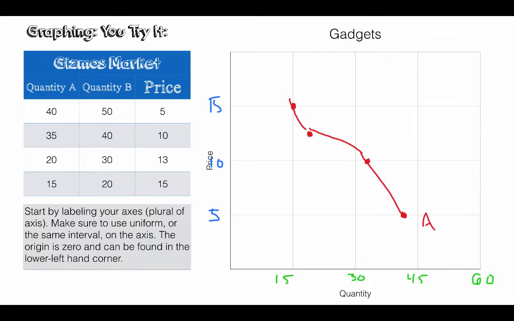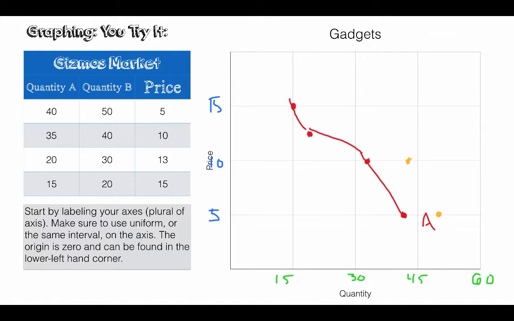Next up, we're going to do a separate line for quantity B. So we're going to start with a quantity of 50 at a price of 5, which is going to fit right about there. Next up, we're going to take a look at a quantity of 40 at a price of 10. So we're going to go up here, and we're going to go pretty close there again.